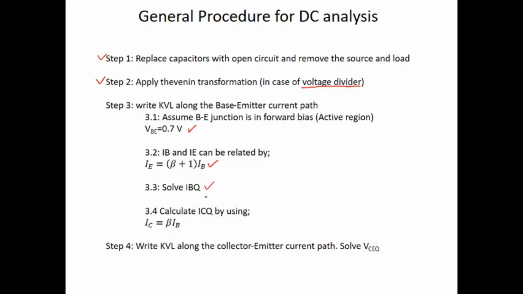Once you have the value of IB, you can get IC by using beta. Then you can also get IE, where IE is equal to IC plus IB. At step 4, you want to solve VCE. To solve VCE, you need to write the KVL along the collector emitter current path.